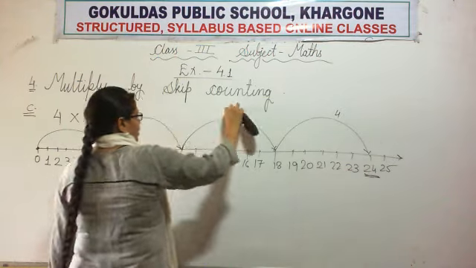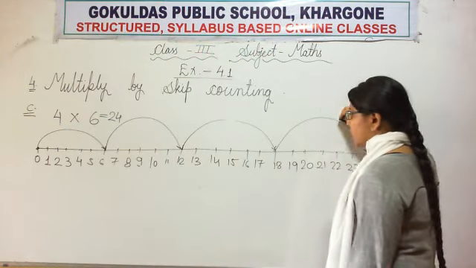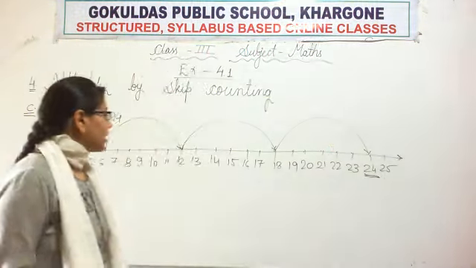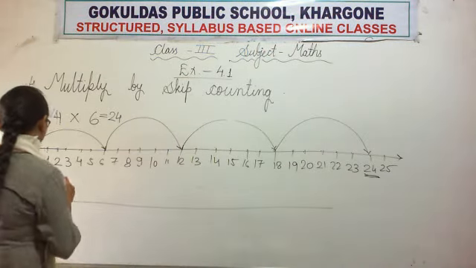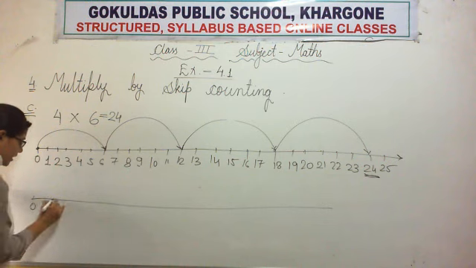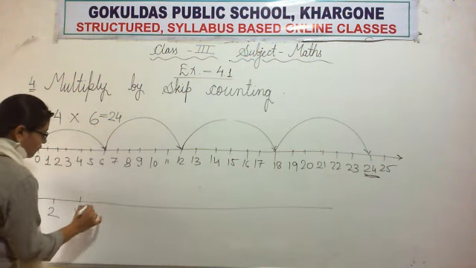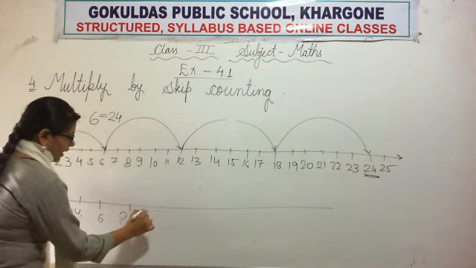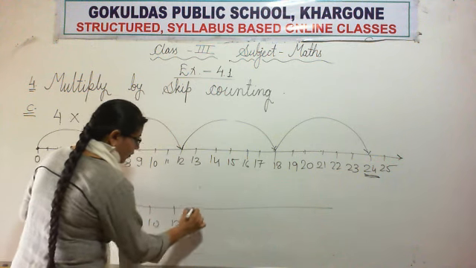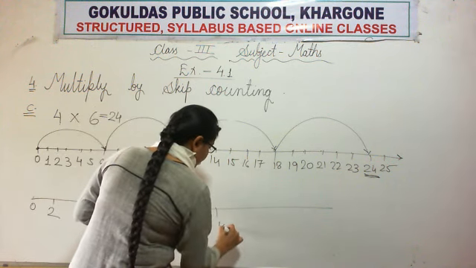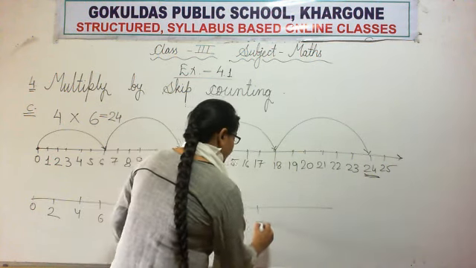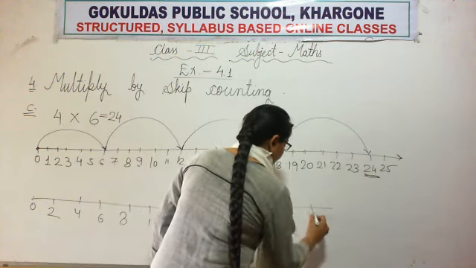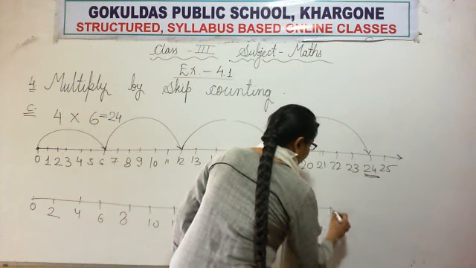Note it down quickly, dear students. So how will you write it in the book? In your book: 0, then 2, then 4, 6, 8, 10, 12, 14, 16, 18, 20, 22, 24, 26.